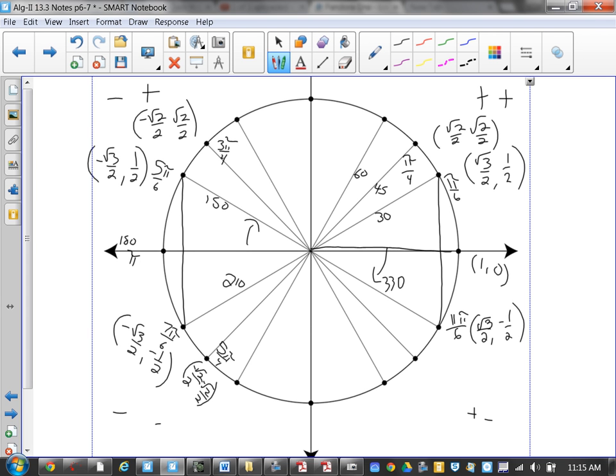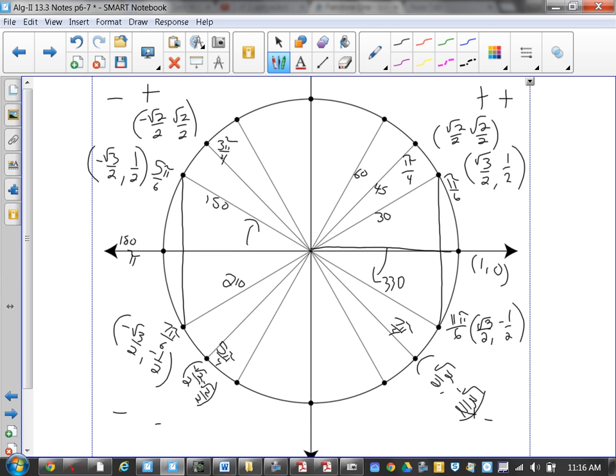Rationalize. That's all. And that's the same thing as this. That one where it's 5 pi over 4, they're both negative because everything's negative in the third quadrant. Fourth quadrant, you're a pi over 4 away from 2 pi, so that's 7 pi over 4. And root 2 over 2, and negative root 2 over 2.